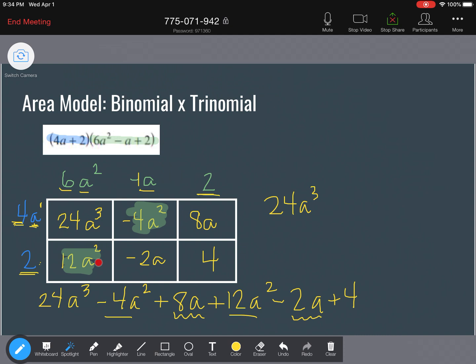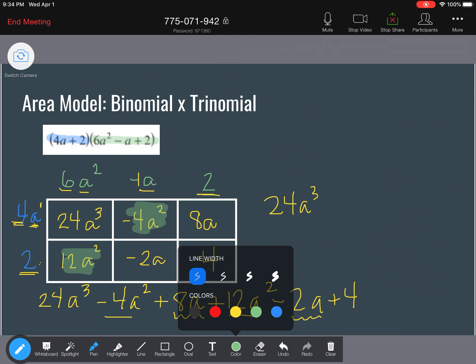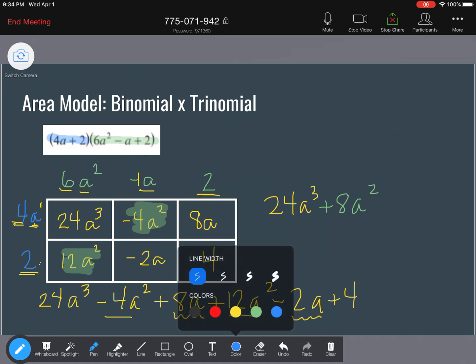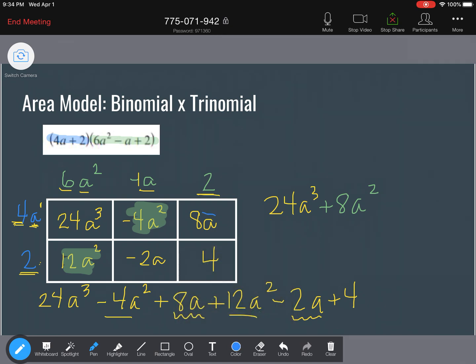I have 12a squared and a negative 4a squared. So that just becomes a positive 8a squared.